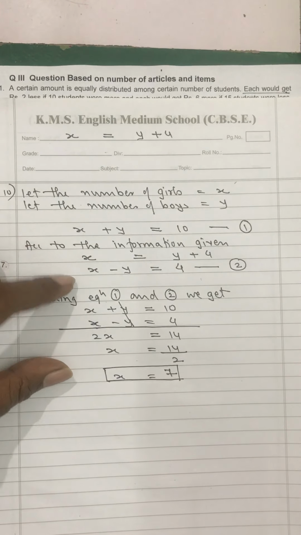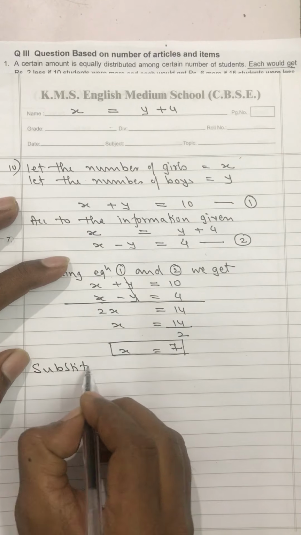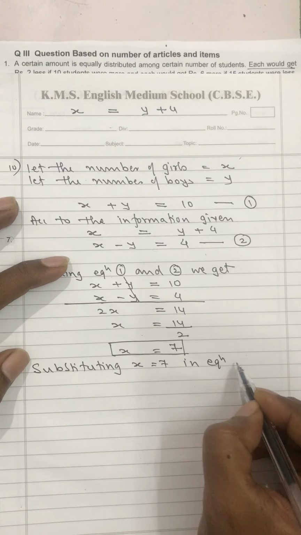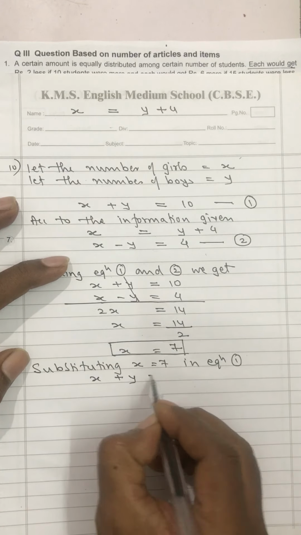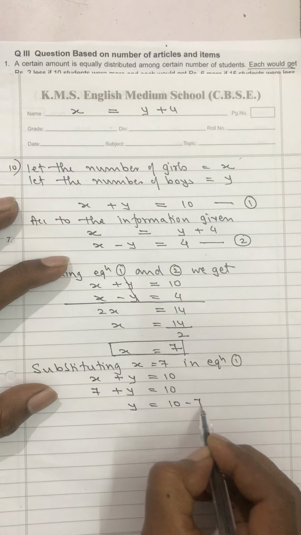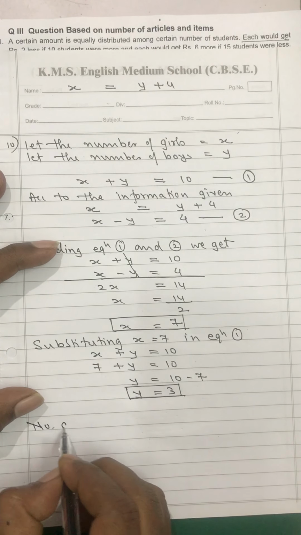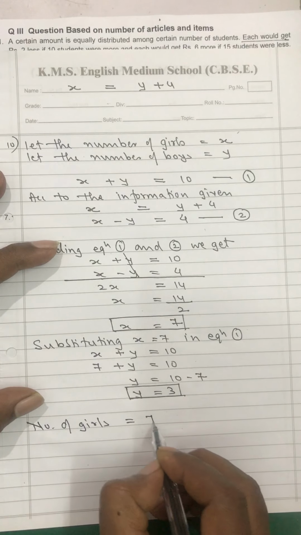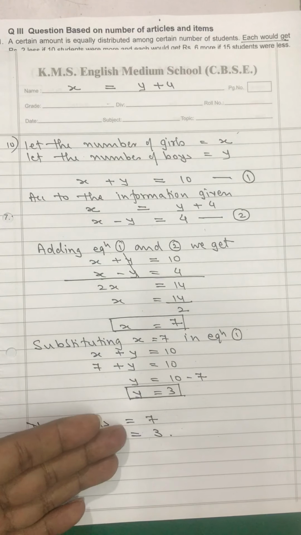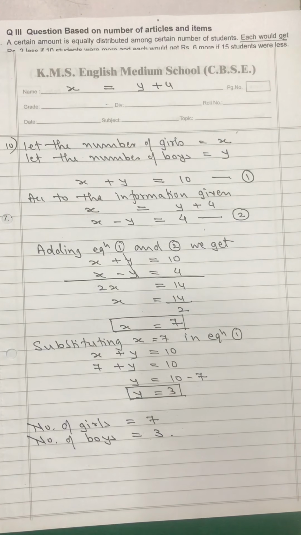Fine. And then y is 3. So definitely if you add, the total number of students taking part in the quiz competition is 7 plus 3, 10, and the number of girls is 4 more, 7 minus 3 is 4.